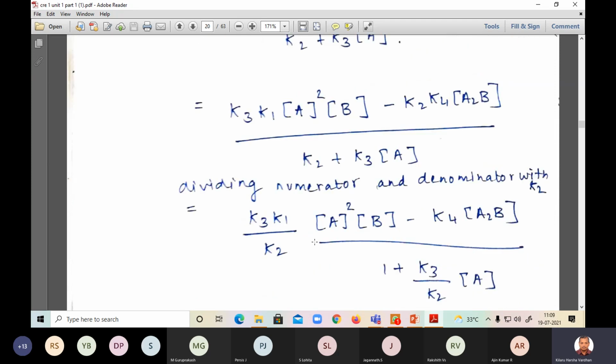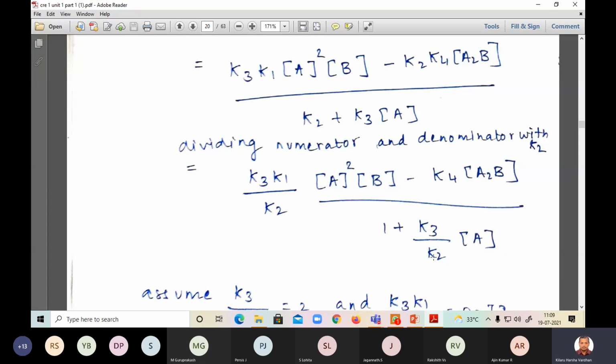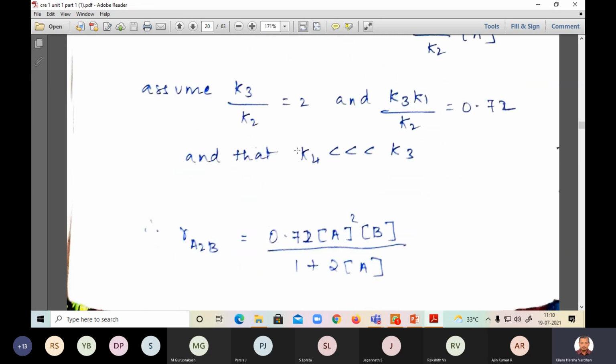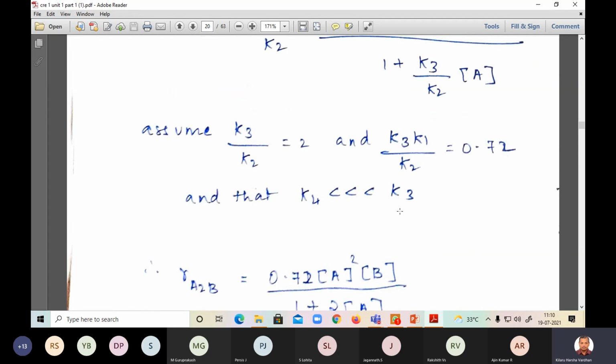That is what I am doing here. I am dividing by K2, then you are getting 1 and K3 by K2. So this you make as 0.72, which is what he is giving in the expression, and this you make as 2. Then if you back substitute, you get RAB, and you are substituting K4 less than K3 because we are writing the net rate of formation, not the net rate of disappearance.